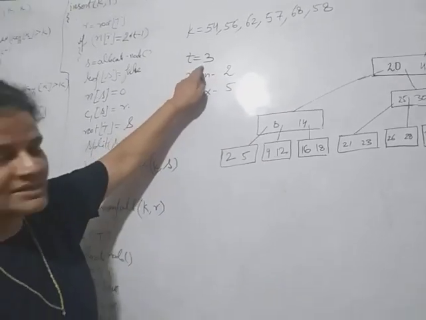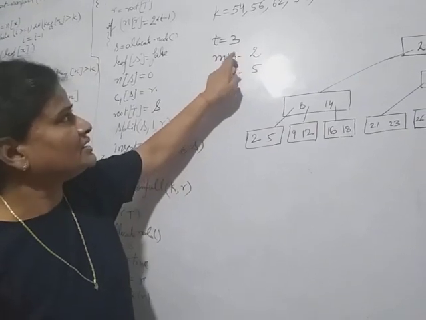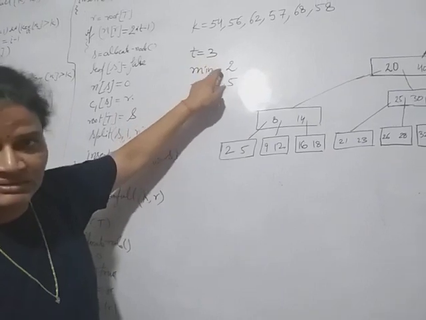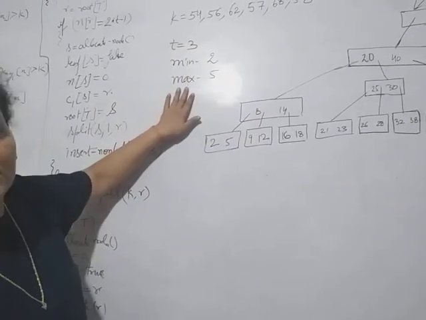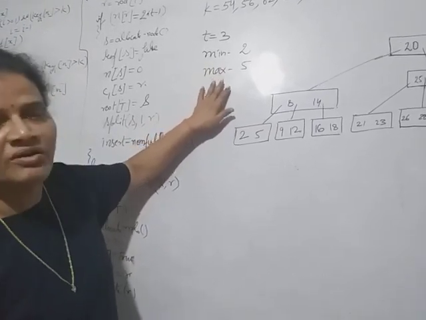As the degree is 3, the minimum number of keys is t minus 1 except for the root node, and 2t minus 1 is the maximum number of keys for all the nodes.